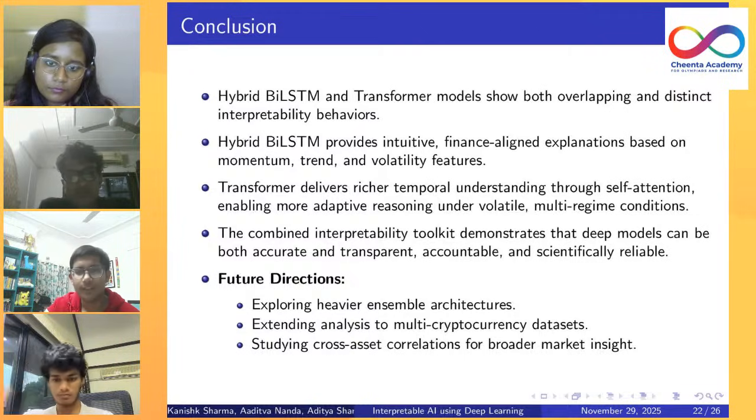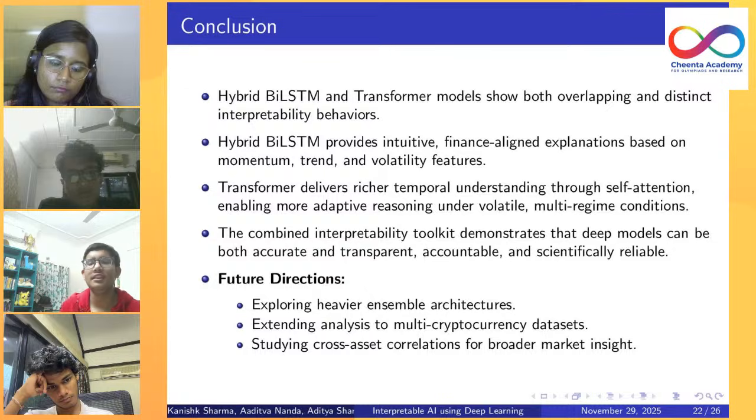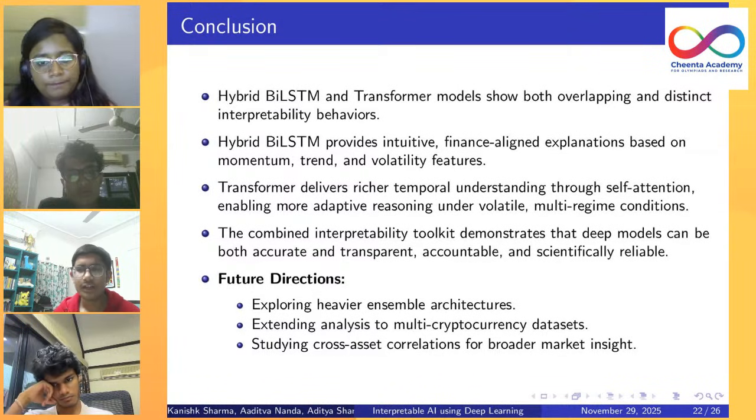However, the transformer offers richer and more adaptive temporal reasoning through its self-attention, which is helpful in multi-regime, highly volatile environments like cryptocurrency. So the future works that explore this topic may also include heavier ensemble architectures.